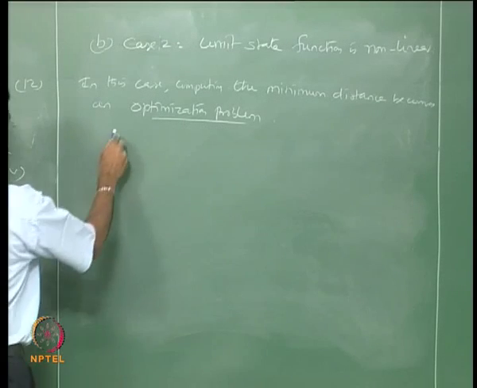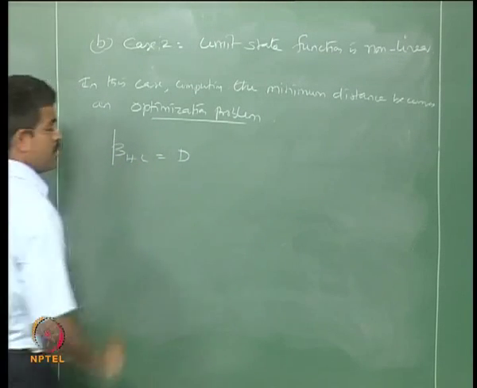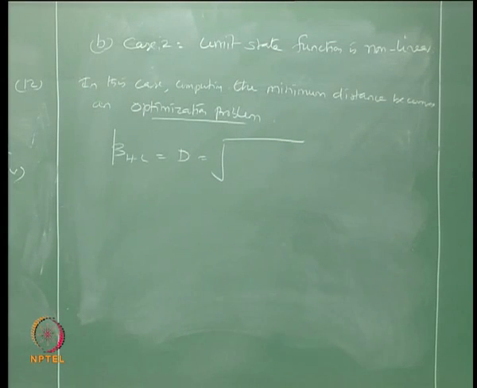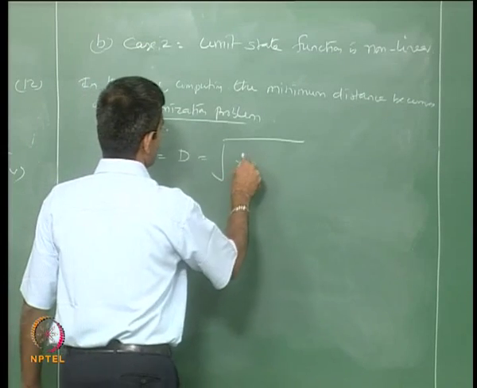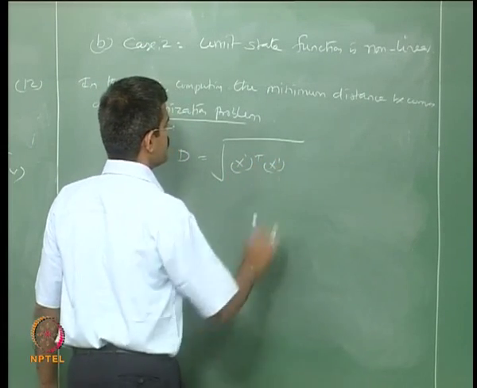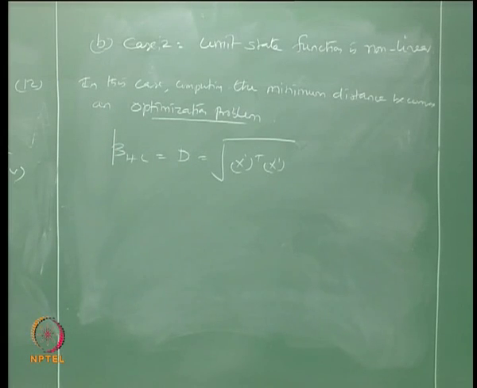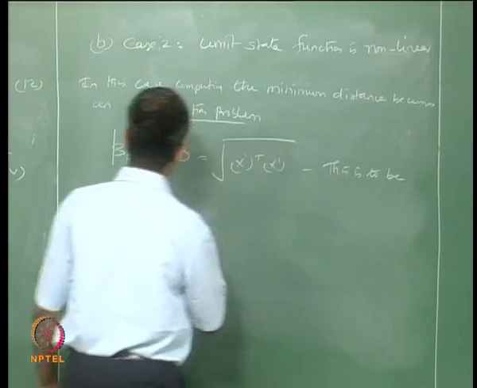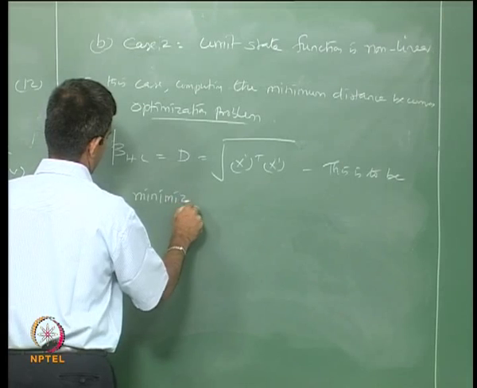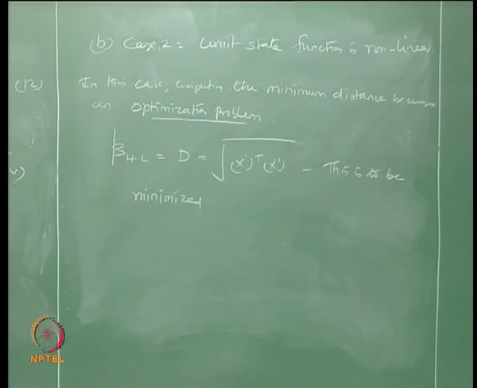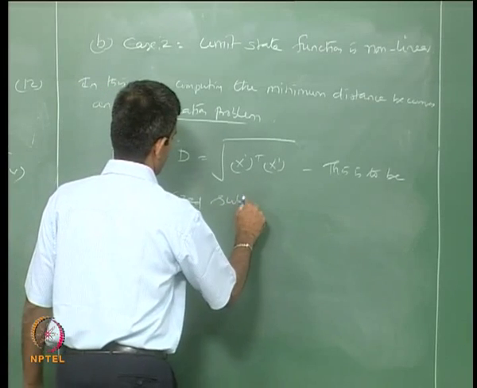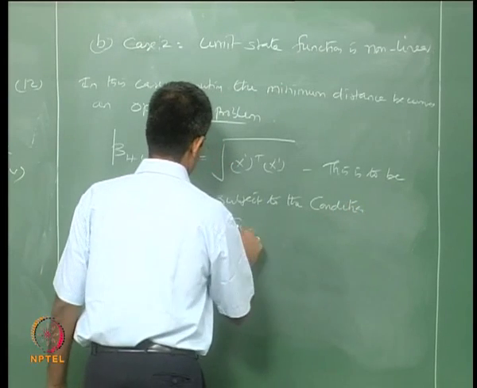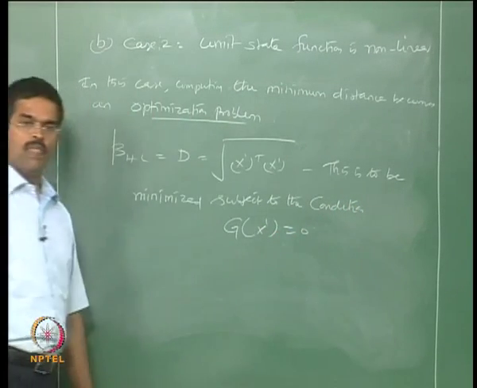So what you have got to do is, beta HL is nothing but the distance which is given by square root of x dash transpose x dash, we have got to minimize this, subject to the condition g of x dash is set to 0.